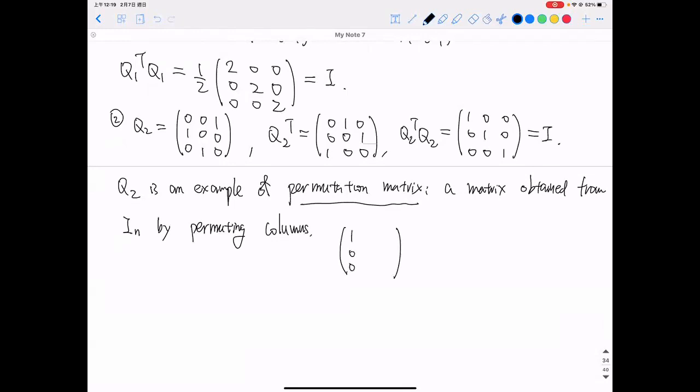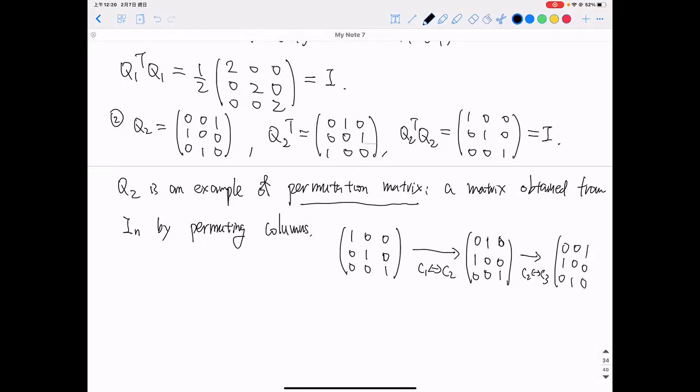Indeed, if you take the 3 by 3 identity matrix and do the following permutation of columns, let's see, you exchange C1 and C2, that'll give you this one, right? And then you exchange C2 and C3, and that'll give you Q2.